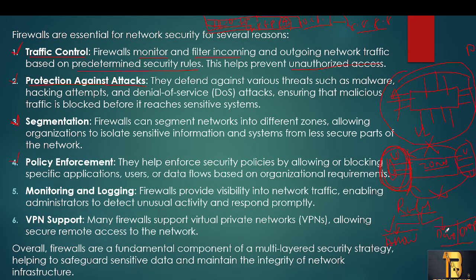If you want to block certain traffic, you have to create deny or drop, so that the traffic matching the rule we created with source IP, destination IP, and you can also mention ports and applications, is going to be blocked. So that is policy enforcement.